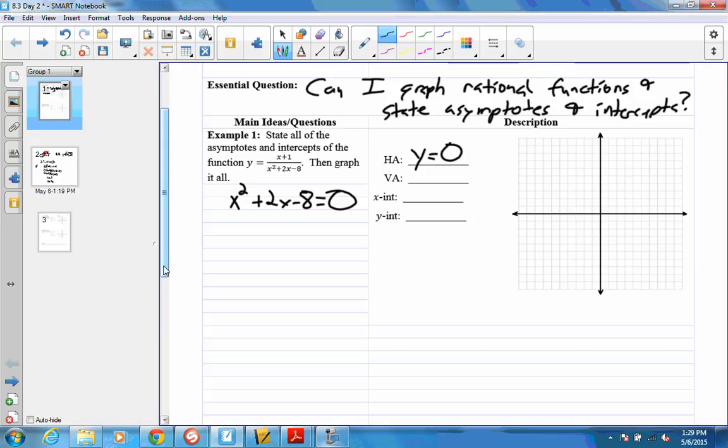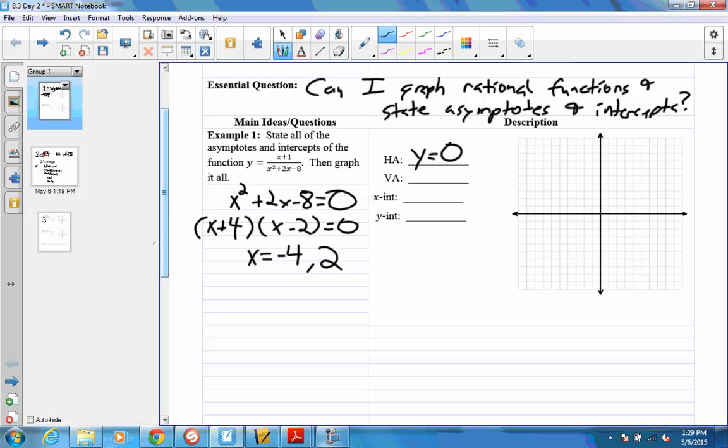If I do positive 4 and negative 2, that gets me there. So (x plus 4)(x minus 2) equals 0. Set each of these equal to 0, I get x equals negative 4 and positive 2.